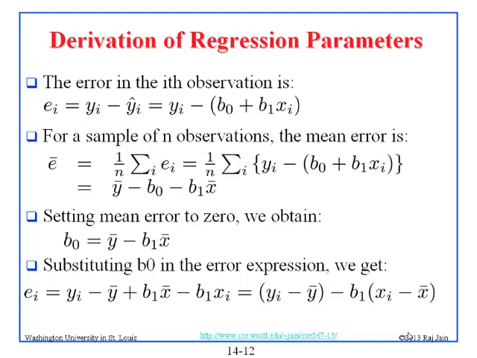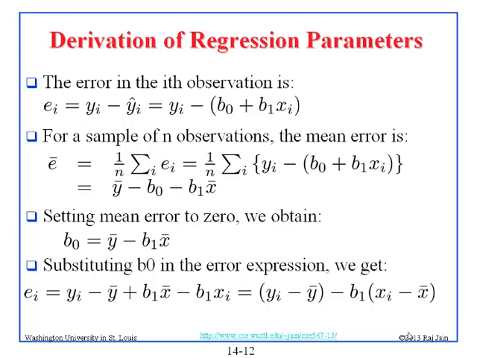And that gives you b0 as y bar minus b1 x bar. Now how do you get b1? Well, you substitute b0 in this right here, and so you get ei equal to this quantity, because you have substituted b0 there.